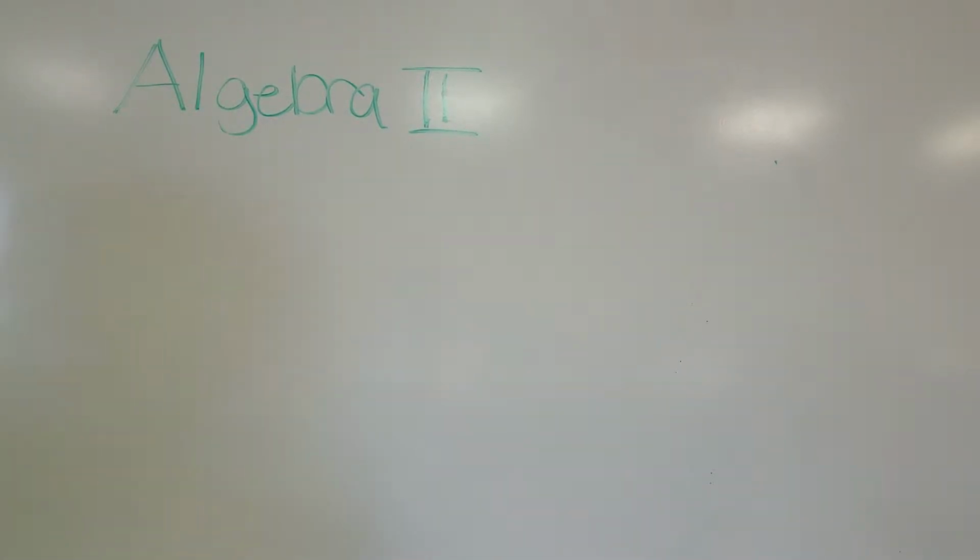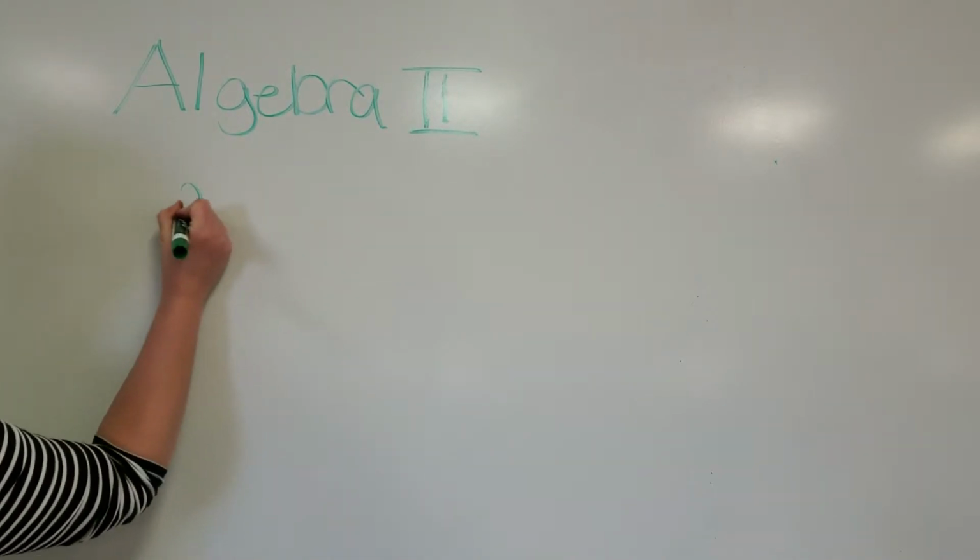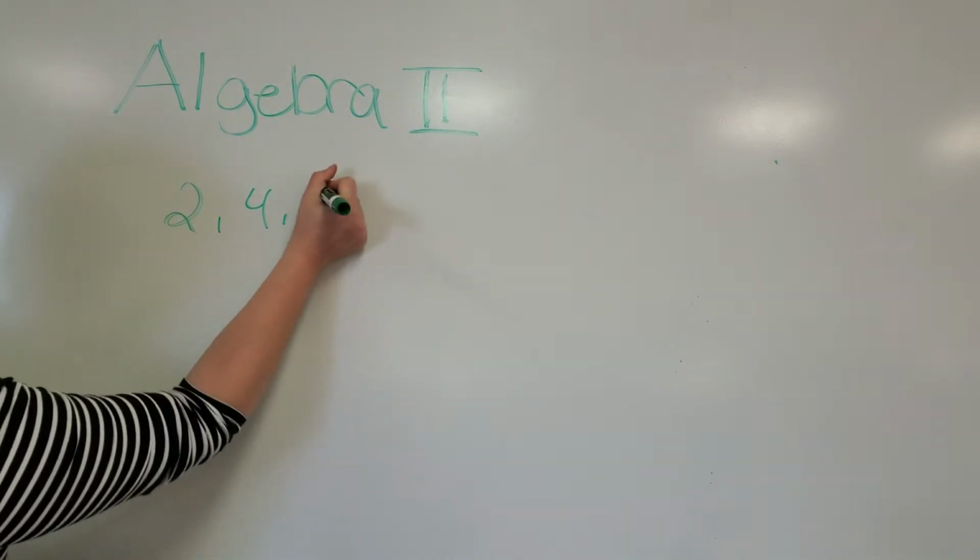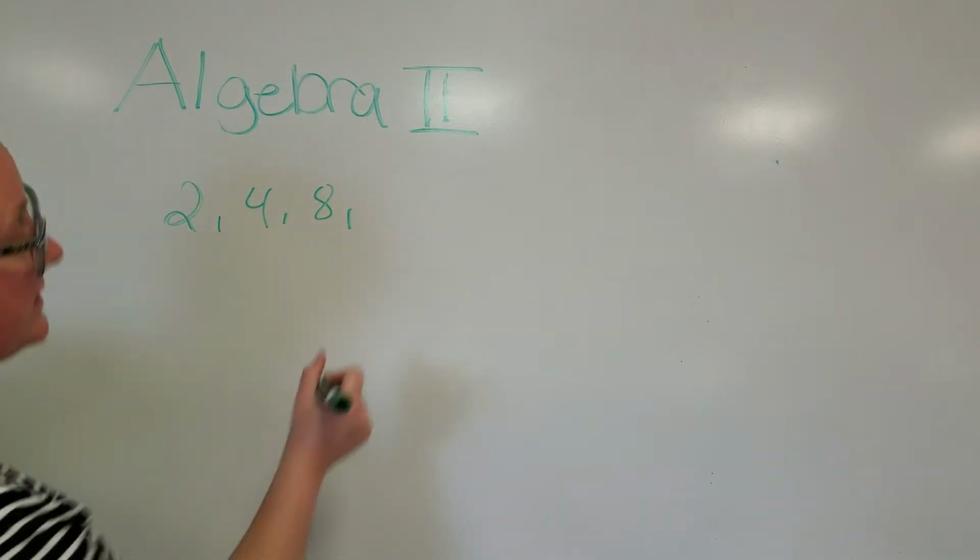Numbers 7 through 11 are the ones we're going to talk about. Number 7 says, type the general term for the following sequence: 2, 4, 8, 16, 32.